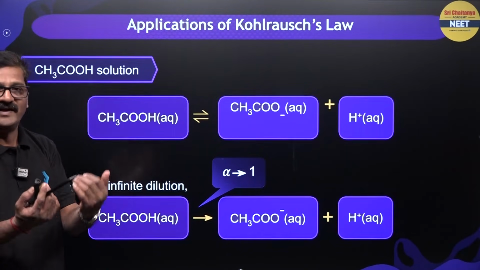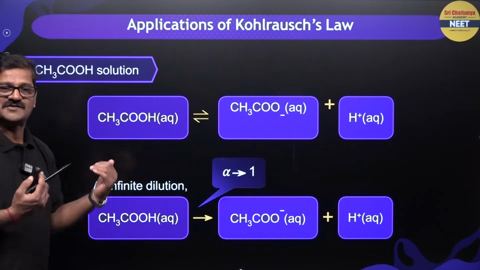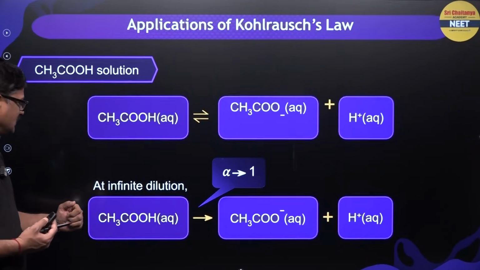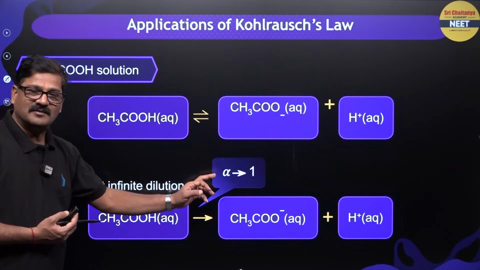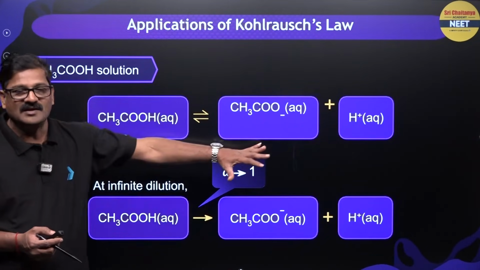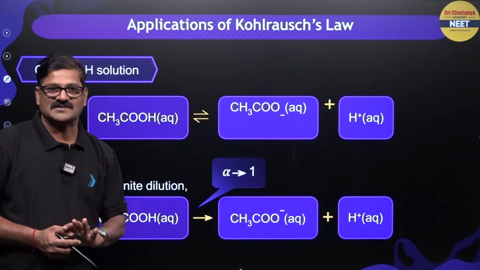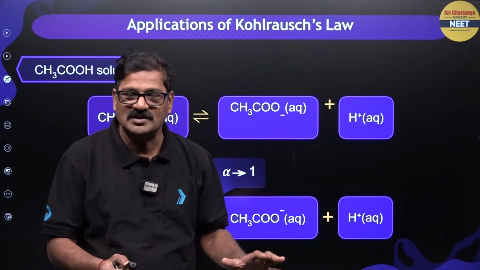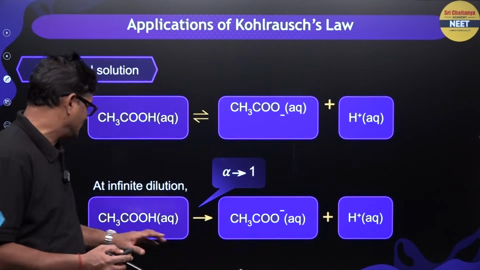So, from the data given in the question for the strong electrolytes, we are going to get it here. And you can see that at infinite dilution alpha tends to almost 1, so assume complete ionization. So, with Kohlrausch law, we always assume infinite dilution and we can calculate the molar conductance.